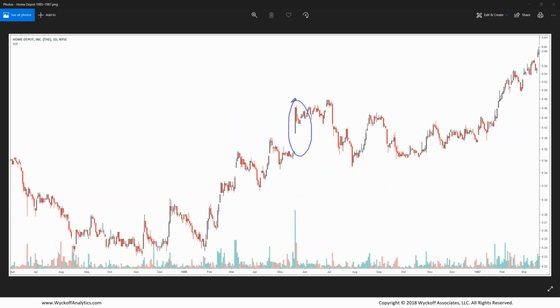And then also, this is going to be one of these exercises that I'm going to give you guys in the practical when you graduate to a more advanced level. One of the things that we practice in the practicum course is reading the volume signature of the price and reading the price signature of the volume.